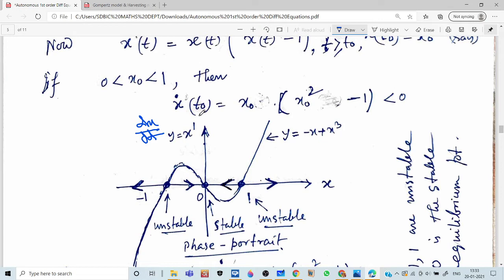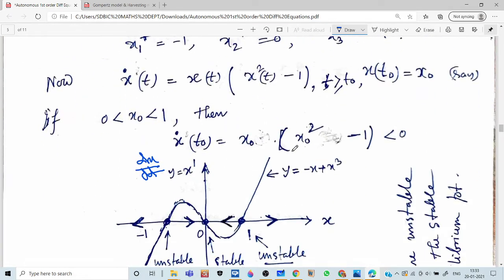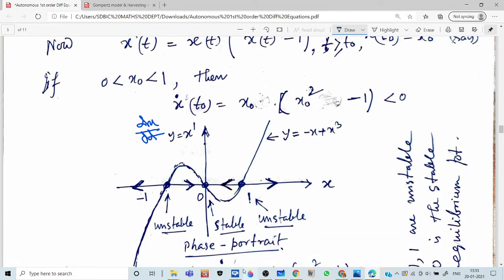If x is the position with time t, then dx/dt means the velocity. So draw the graph of -x plus x cube.